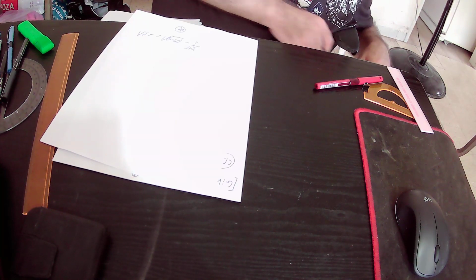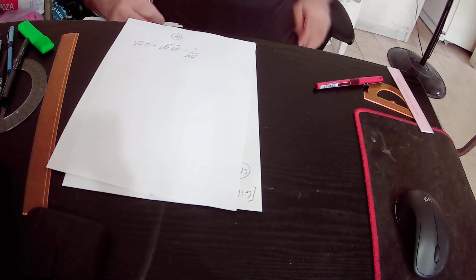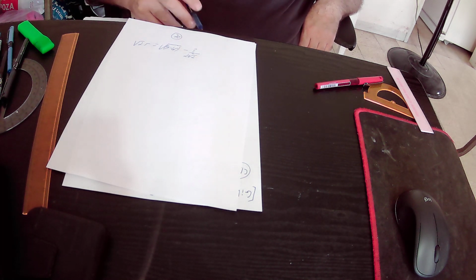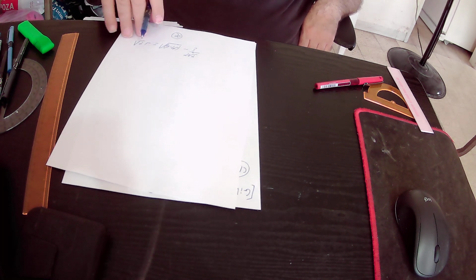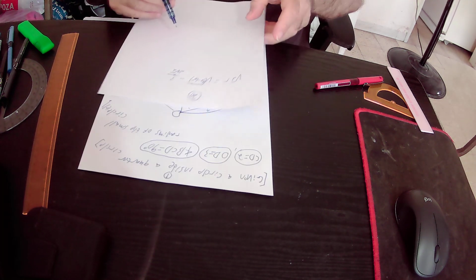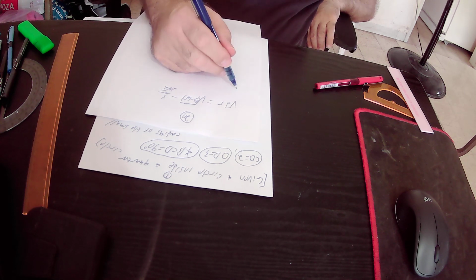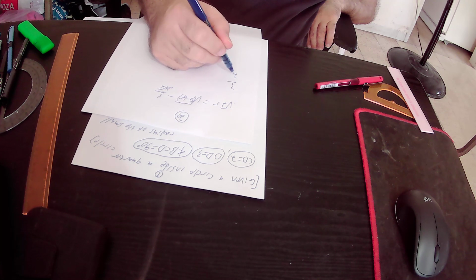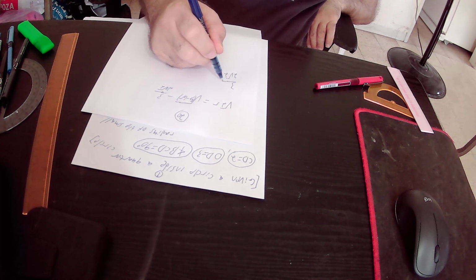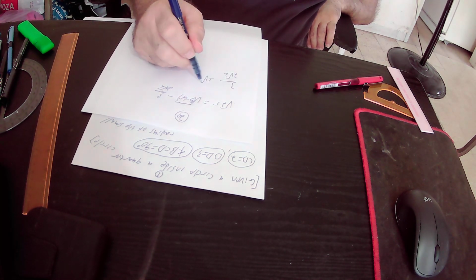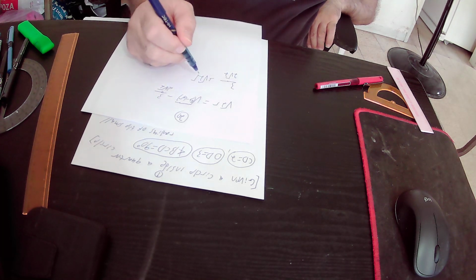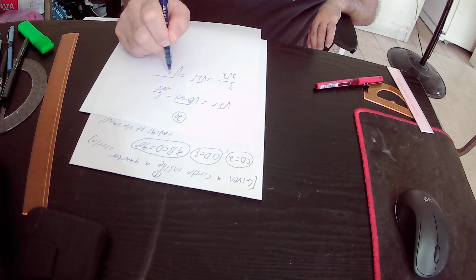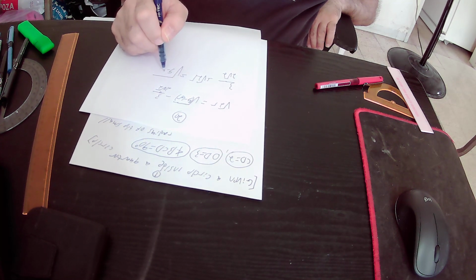Here we will add 3 over 2 times root 2 to this equality and we will get that 3 over 2 times root 2, plus root 2 R, equals the root of 9 minus 6R.